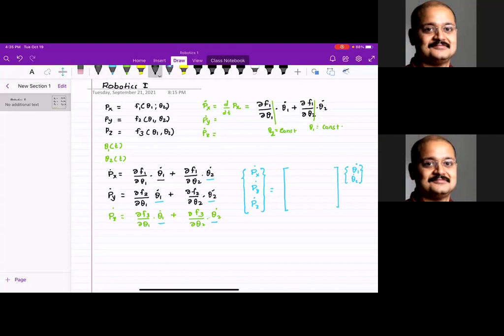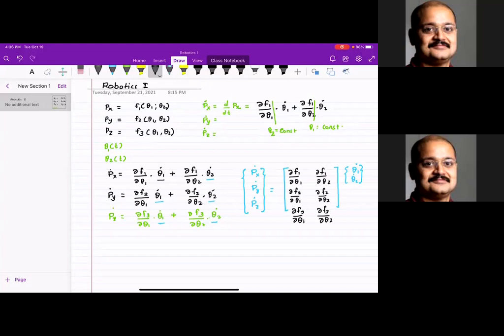And this matrix now needs to be populated, and this will be partial f1 by partial theta 1, partial f1 by partial theta 2, partial f2 by partial theta 1, partial f2 by partial theta 2, partial f3 by partial theta 1, partial f3 by partial theta 2.